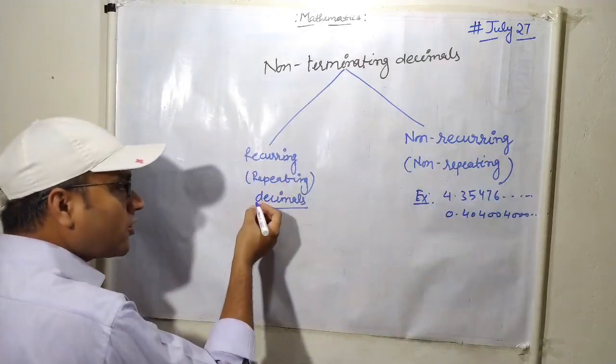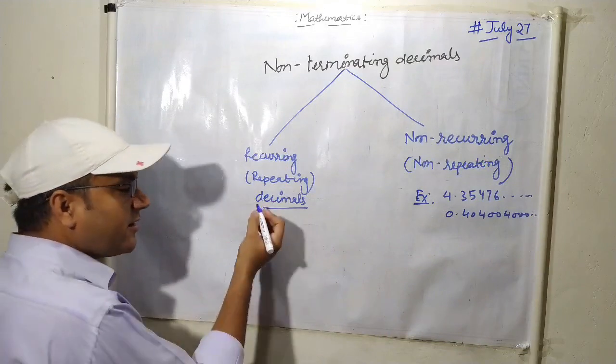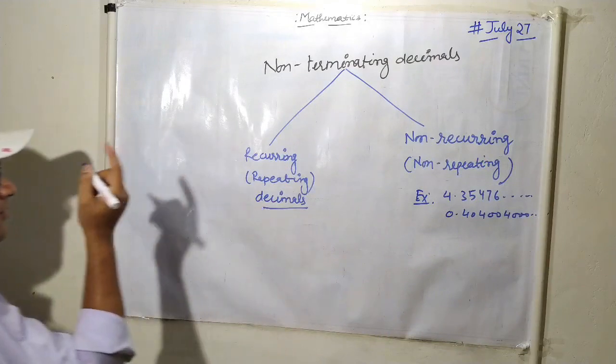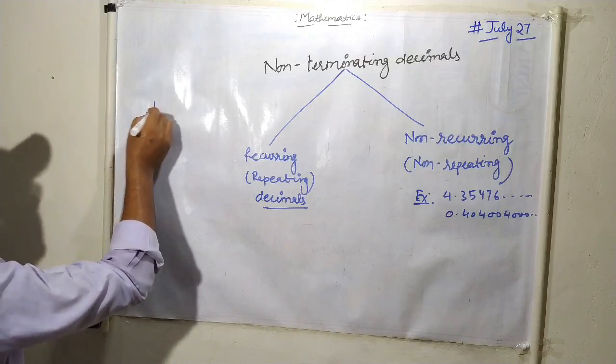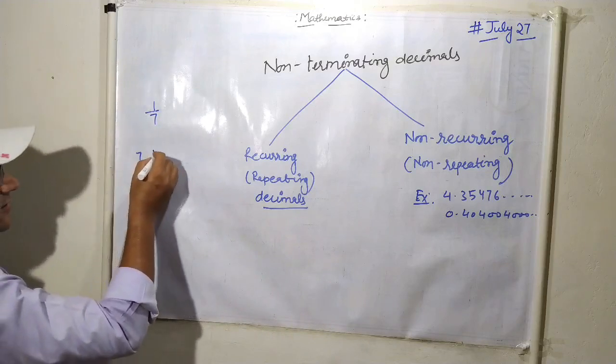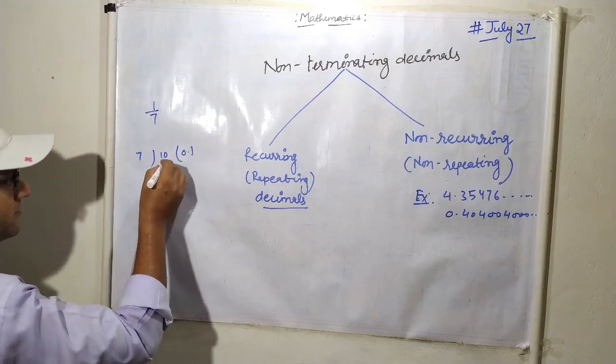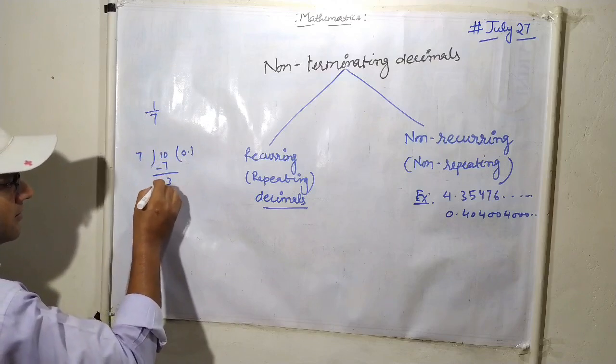This one is a recurring or repeating decimal, meaning after a few steps of your division, it is going to repeat. Suppose one interesting example, 1 upon 7. If you are doing this division, see this one, point 10, 1 times 7 is 7, 3.